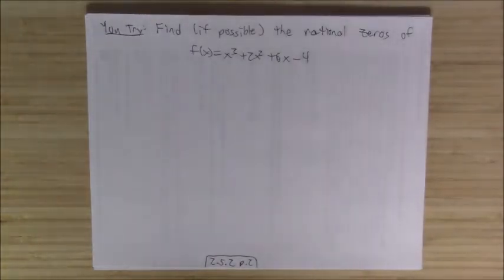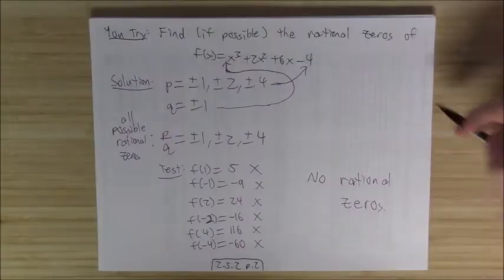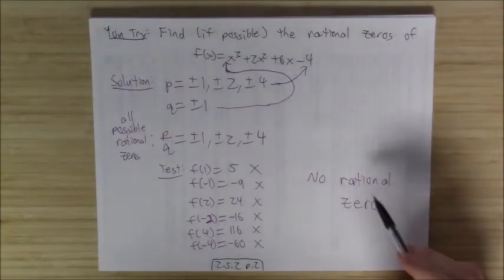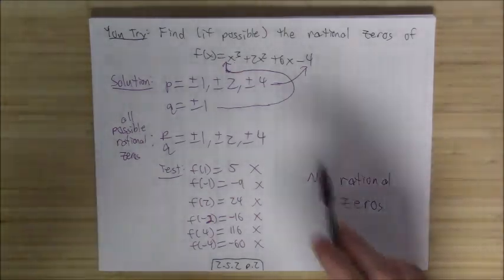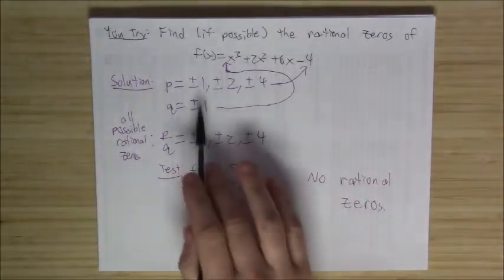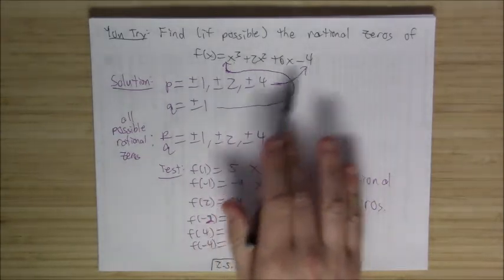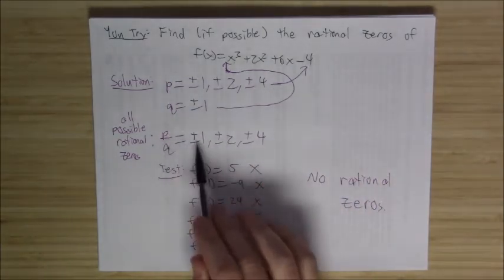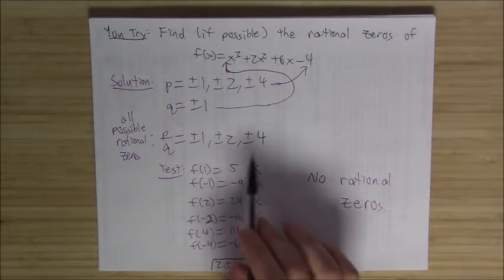So now let's have you try. Let's go ahead and find, if possible, the rational zeros of f of x equals x cubed plus 2x squared plus 6x minus 4. On the count of 3, I'll reveal the solution. 1, 2, 3. So here again, we get no rational zeros. Our possible rational zeros, by figuring out what p and q can be using the factors, are plus or minus 1, plus or minus 2, and plus or minus 4.